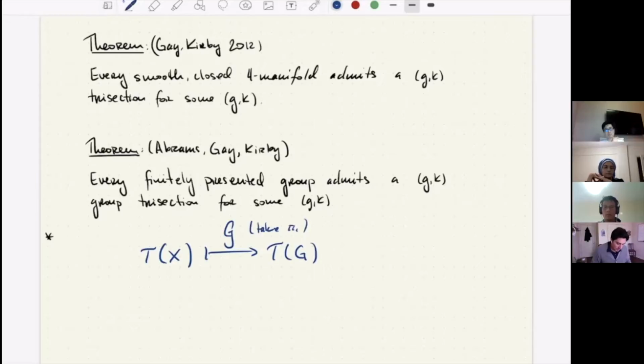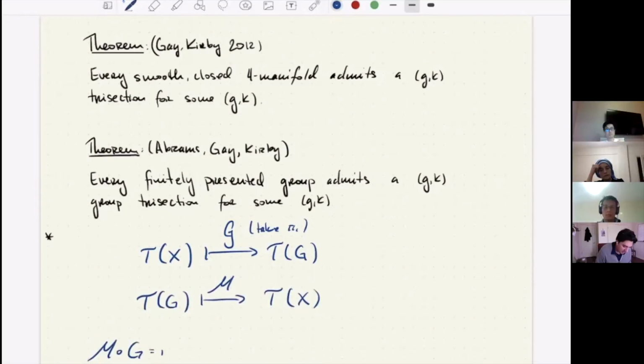Then what they also show is how to construct from a trisected group an actual trisected four-manifold X, and they call this map M. They're building a manifold out of that. And not only that, but if you compose these maps, they're the identity on their respective sets.